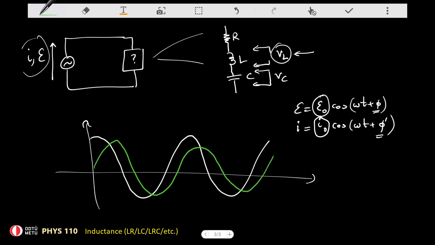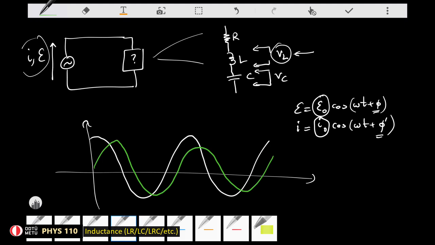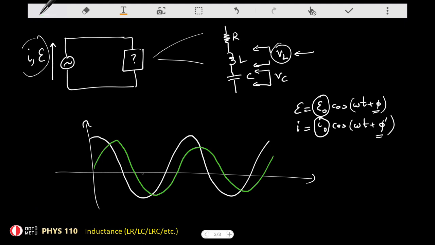So it is expected that there is some kind of a phase difference between these two. That essentially means that whenever the EMF becomes maximum, the current is still changing, and whenever the current becomes a maximum, the EMF is still changing. So first one of them becomes a maximum or a minimum, and then at a later time, the other one becomes a maximum.